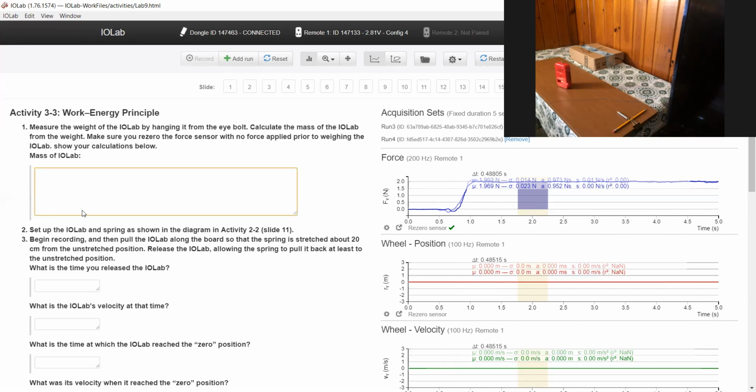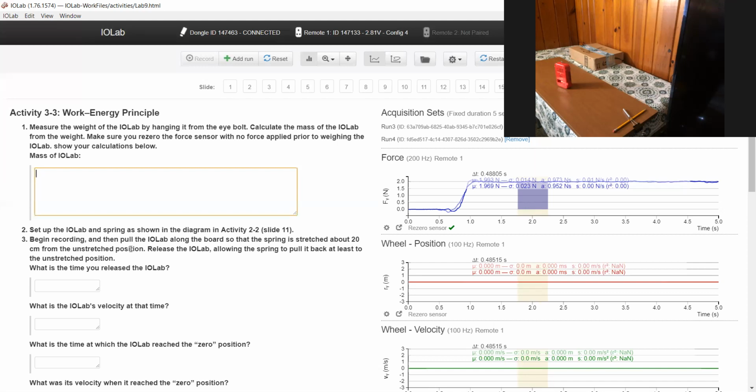Okay, and then they want us to make a setup like activity 2.2. So I think we already have it, a similar setup like this. After that, set up the IOLab. We already did that.